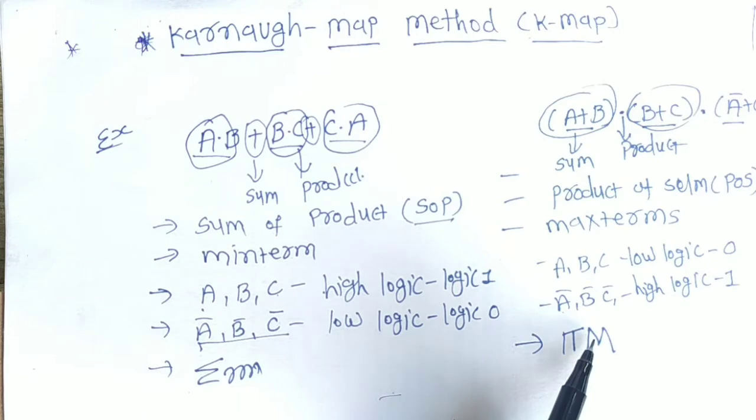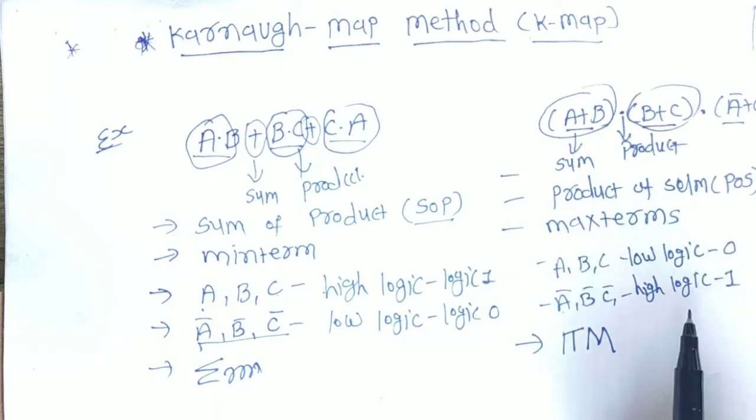And in the case of POS, the ordinary variable A, B, C is represented as a low logic, logic 0, and the complement of any variable like A bar, B bar, C bar is represented as a high logic, logic 1.